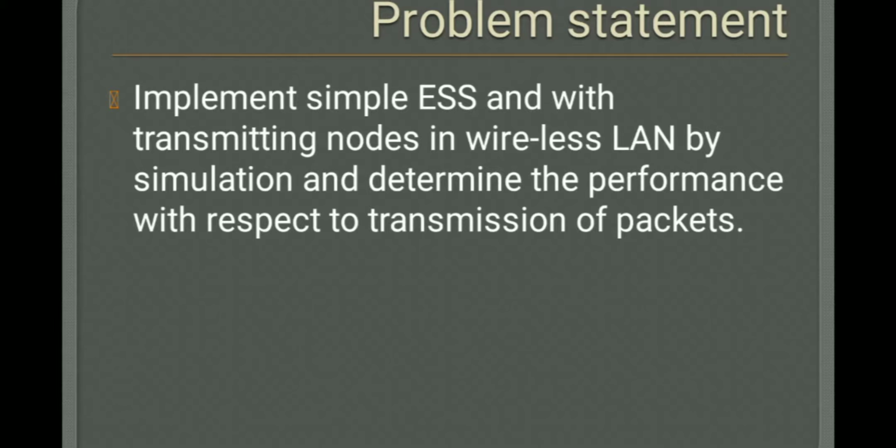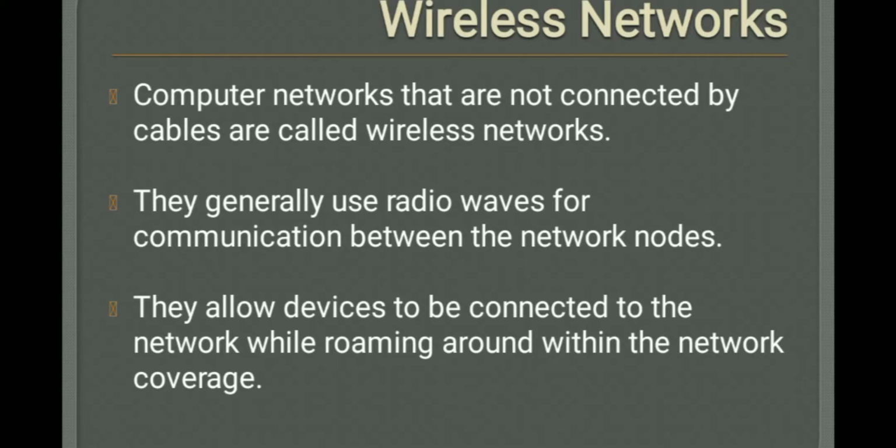So, firstly, talking about what is a wireless network. I think we are all very well used to the technology. I think all of us are dependent on Wi-Fi today, and we very well know what a wireless network is.